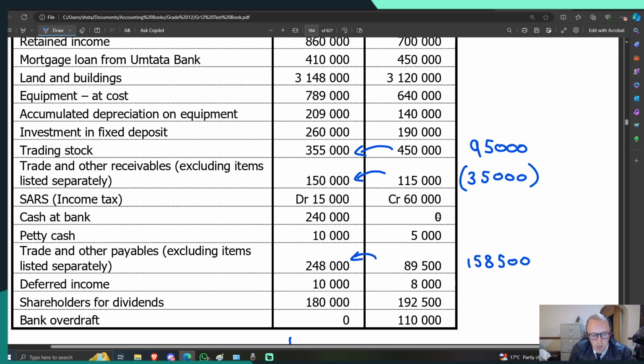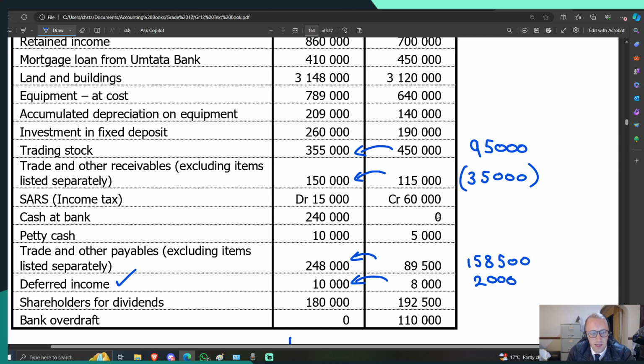However, we have this line item that catches our eye as well, deferred income. Money that we received in advance, income we have received in advance. That is a kind of a liability to us and must be included in this item. That changed from 8,000 to 10,000. That is, this liability increased by 2,000.